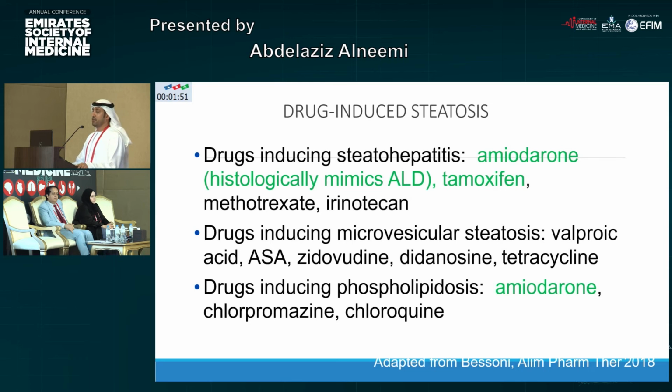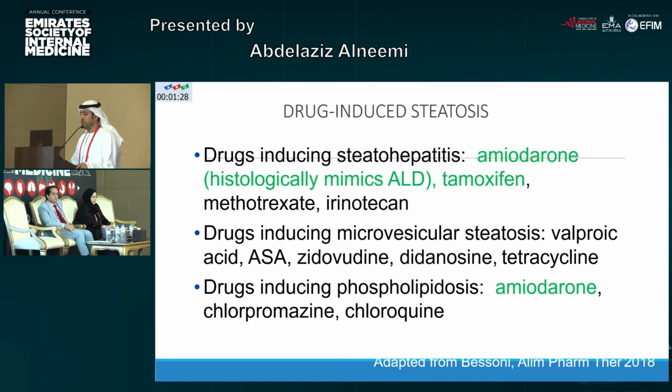So you can see there are different types of drug injury. There are drugs which induce steatosis, like amiodarone, tamoxifen, methotrexate. There are drugs which induce microvesicular steatosis, like valproic acid, ASA, and tetracycline.